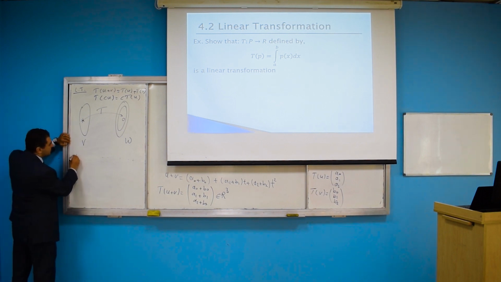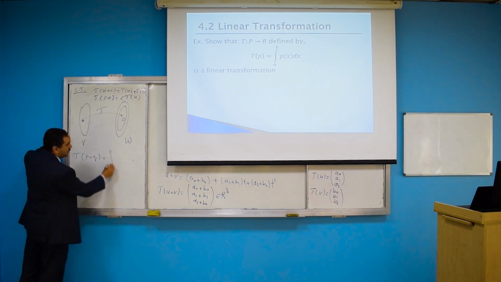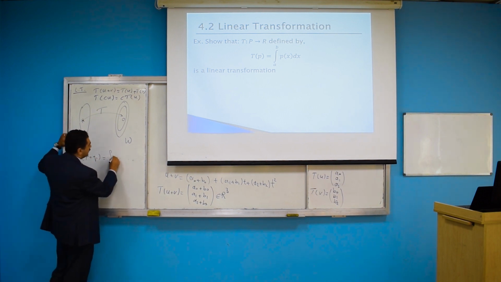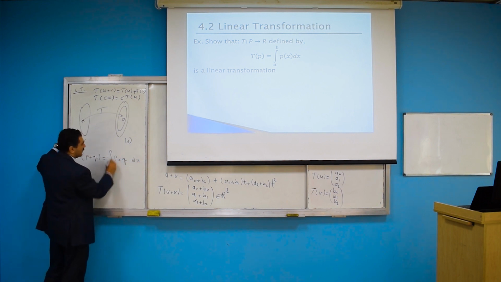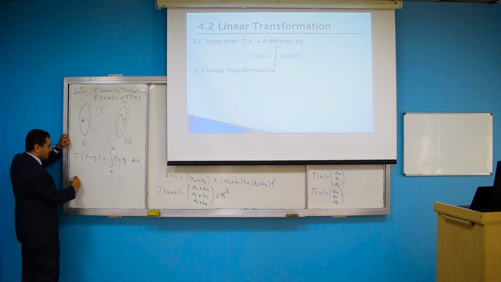So if I want to transform the sum of two polynomials, it would be the integral of the sum, and from the properties of the definite integral, you can distribute the integral.